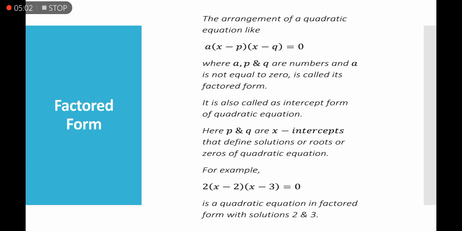Here p and q are x-intercepts that define solutions, or roots or zeros, of the quadratic equation. For example, 2 into x minus 2 into x minus 3 is equal to 0 is a quadratic equation in factored form with solutions 2 and 3.